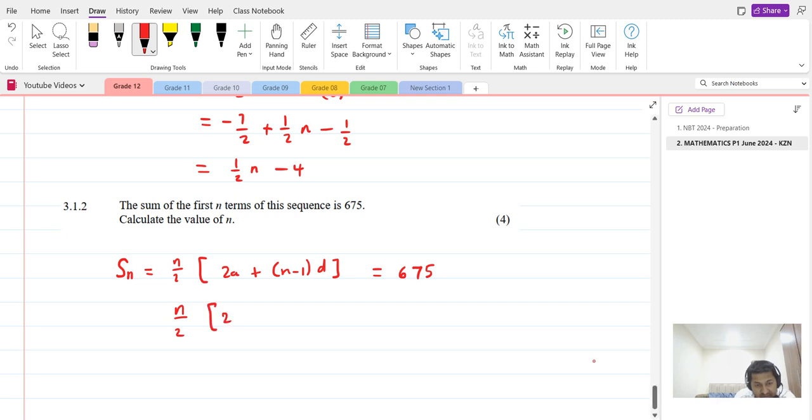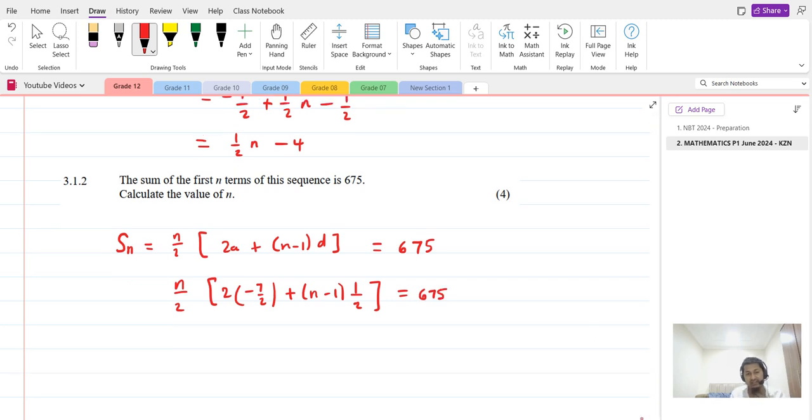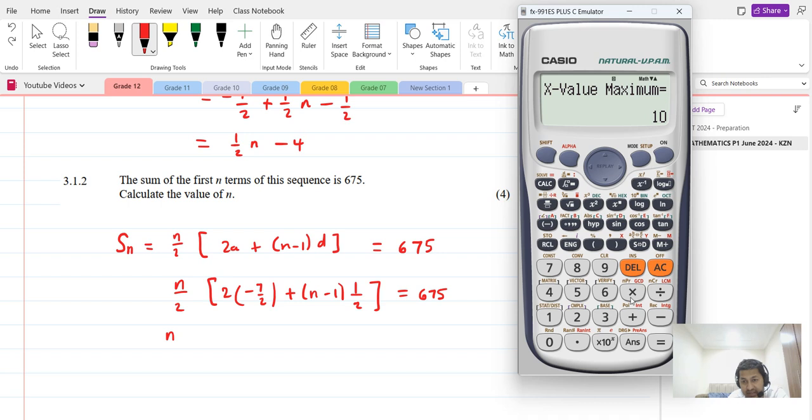What's 2 times a? 2 times minus 7 over 2, first term, plus n minus 1 times half is equal to 675. Okay, let's keep it like this. Let's cancel out the fraction. Take 675 multiplied by 2. 675 times 2, I've got 1350.